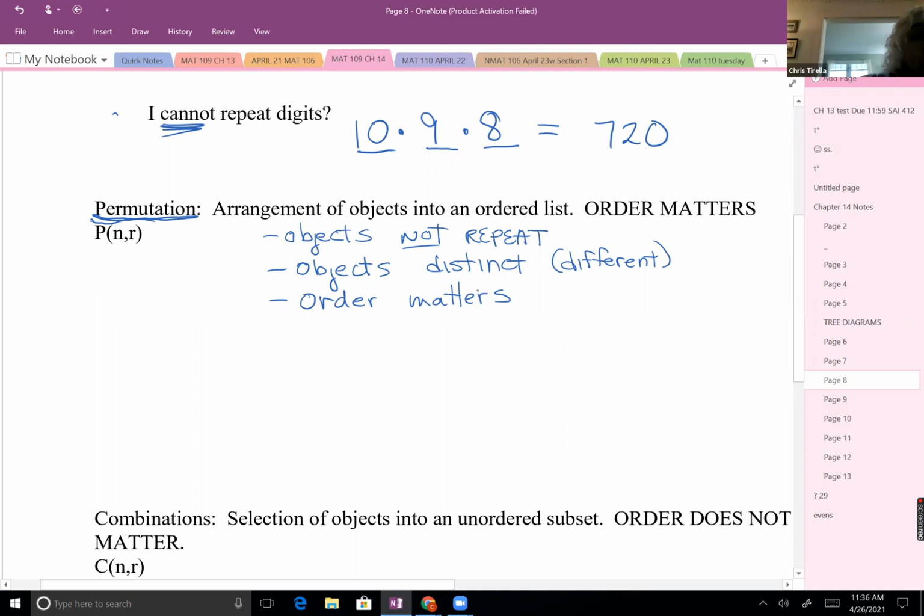And so if I have P, N, R, N is the total number I have to pick from. And R is the number that I'm choosing.